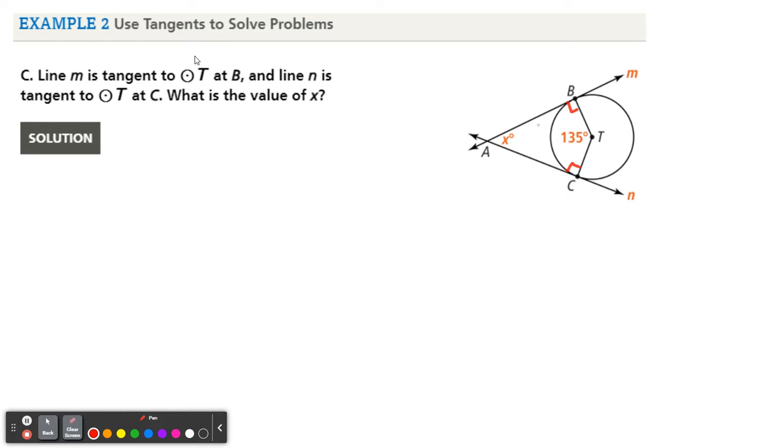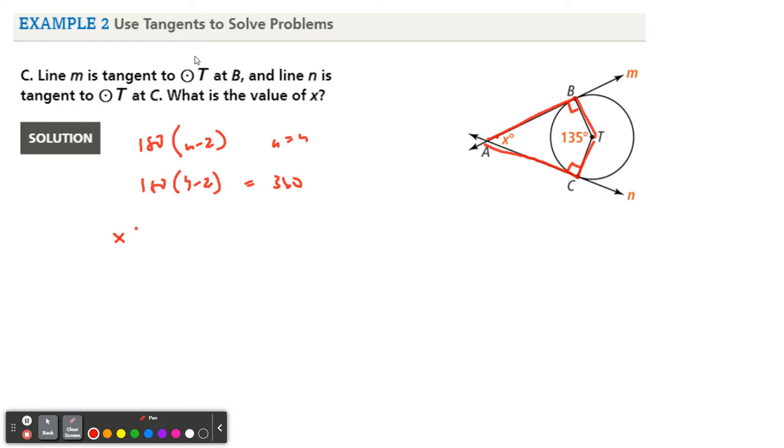If we look at this quadrilateral A, B, T, C, we know 3 of the 4 angles. We should be able to find the 4th angle using the Polygon Angle Sum Theorem, 180 times n minus 2. This has 4 sides, so n equals 4, so 180 times 4 minus 2, 180 times 2, that's 360. The 4 angles of a quadrilateral add up to 360.